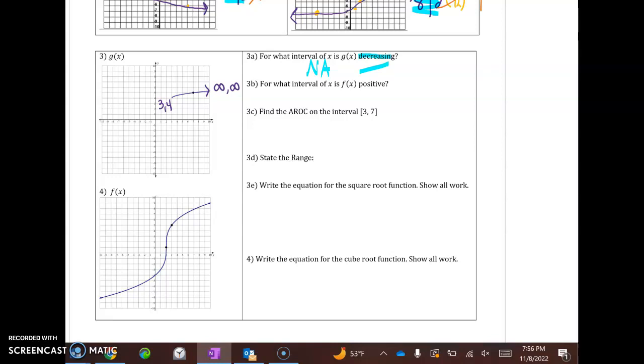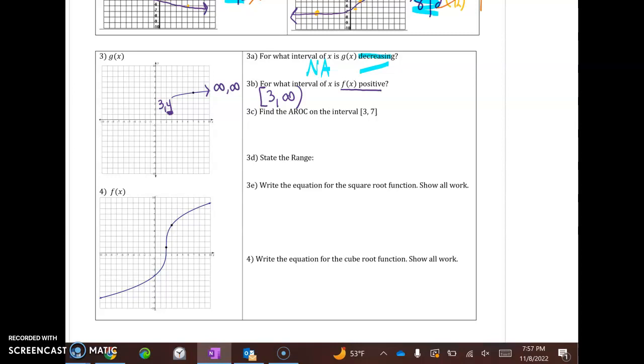So its opposite is negative, and the whole thing is positive. Remember, we might be giving our answers in x, but we're looking at where is our y positive. So going left to right, we start at 3, we go to infinity. Infinity always has parentheses, and our 3 is going to have a bracket because its particular y value is positive, so we want to make sure we include that.